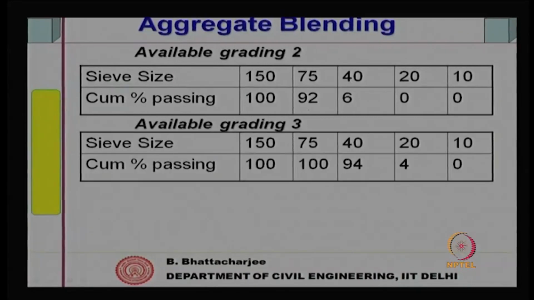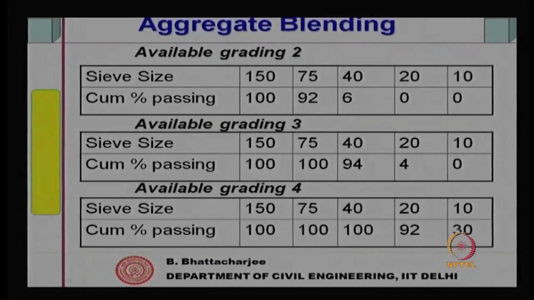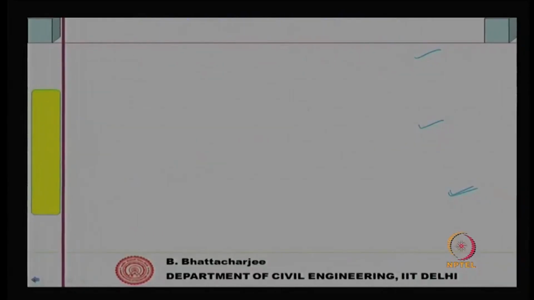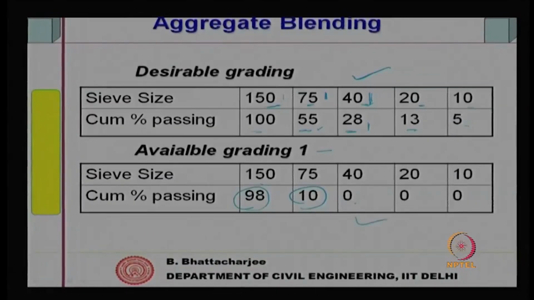Then I have a third aggregate: 150, 100%, and something available here also. And the fourth one has a large number of fines. So, these are finer particles, less fine, still less fine, and this is the coarser one, and I want to get a blended aggregate satisfying this desirable grading.